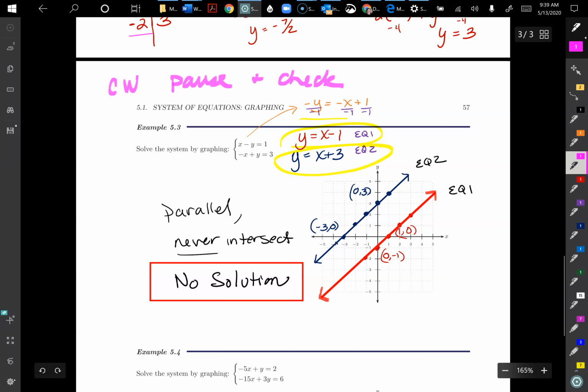I have a slope of 1, the same slope, but I have different y-intercepts on those. So I actually don't even need to graph it, right? I know they're parallel lines. You guys have worked with parallel lines a little bit. That's one reason why we wanted to take a look at that. So we can just answer the question right off the bat that there's no solution based on the fact that they have the same slope but different y-intercepts, therefore are parallel lines.